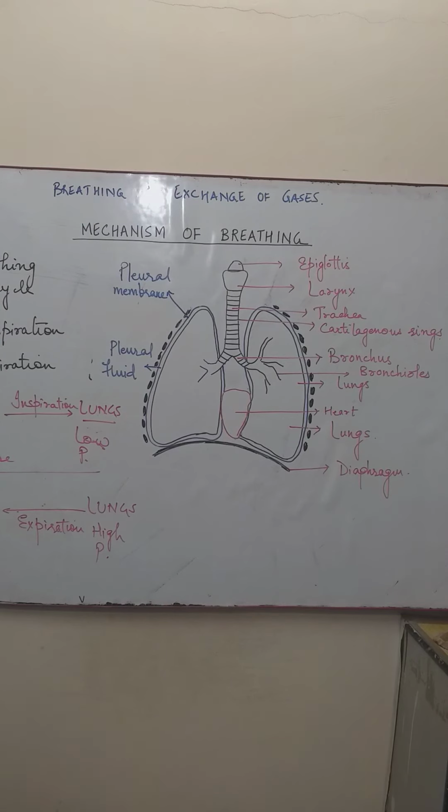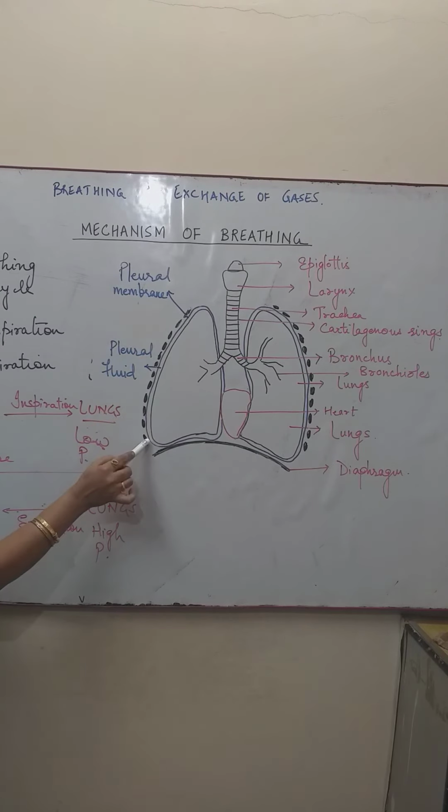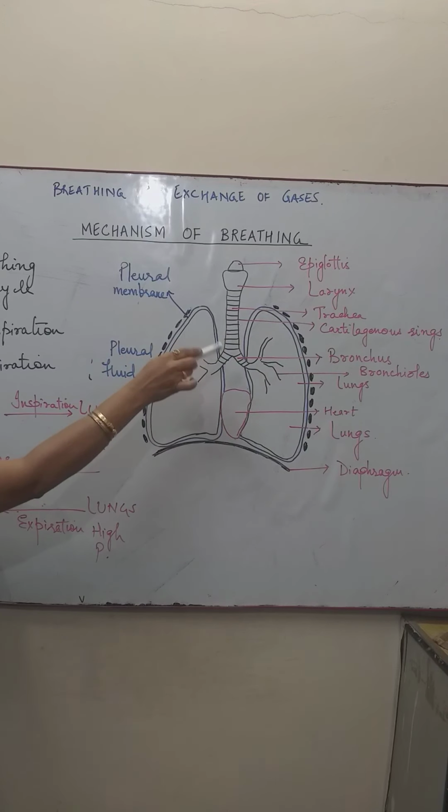And the movement of the diaphragm is brought about by a set of specialized muscles which are known as external and internal intercostal muscles. These muscles are present within the ribs, and here we have not shown the ribs clearly. They are actually forming a circular structure.